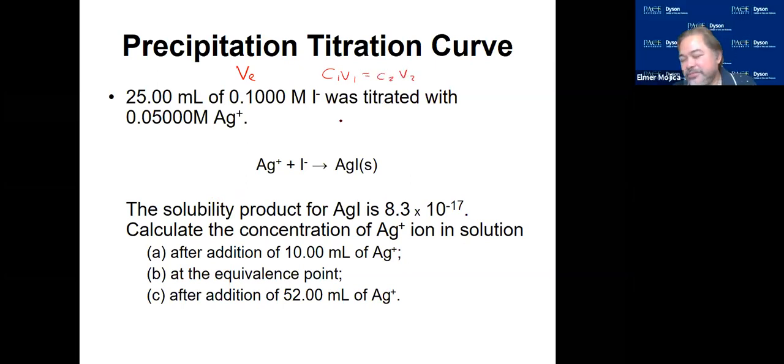C1V1 equals C2V2, and one of them you can solve as the equivalence volume. So you're going to look at this value, 25 mL times 0.1, and then divide it by 0.05. And you get there the equivalence volume. And that is equal to what?